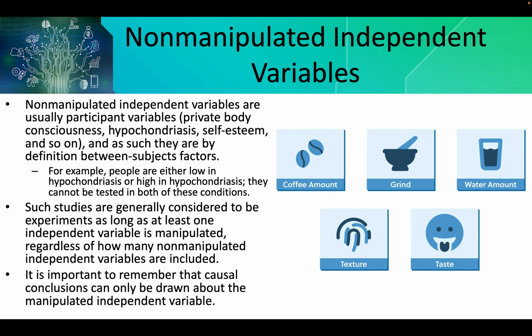Such studies are generally considered to be experiments as long as at least one independent variable is manipulated. Regardless of how many non-manipulated independent variables are included, it is important to remember that causal conclusions can only be drawn about the manipulated independent variables.